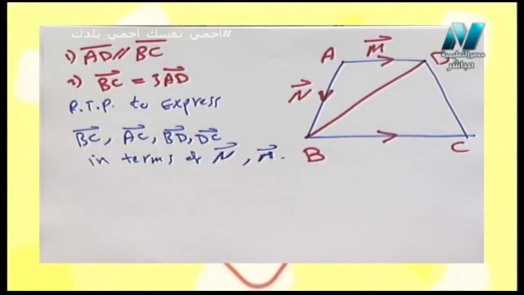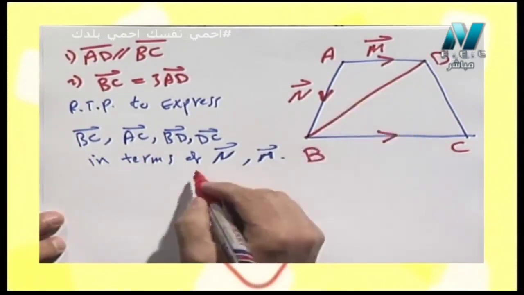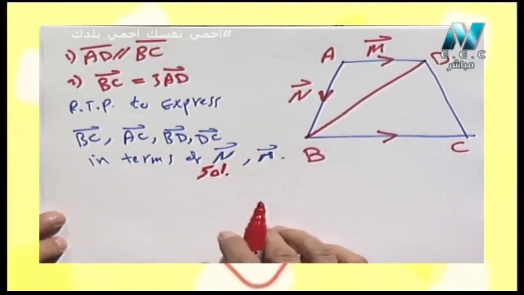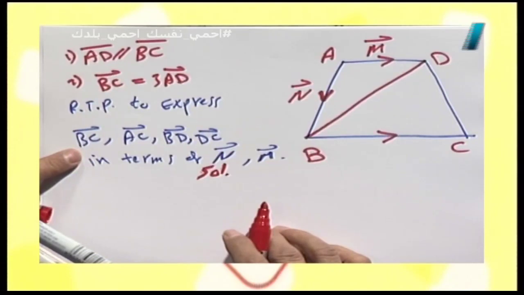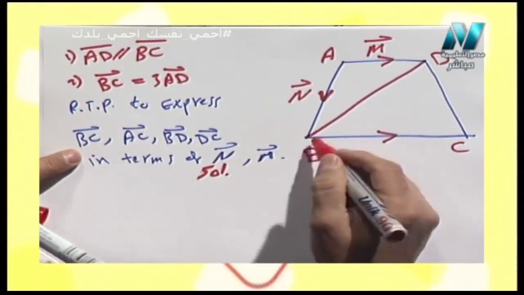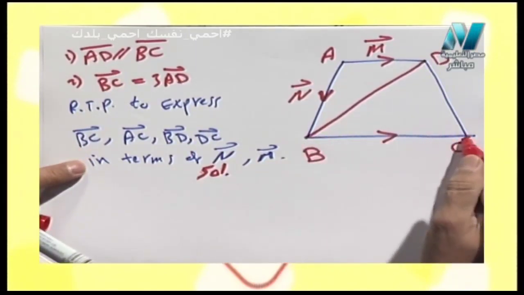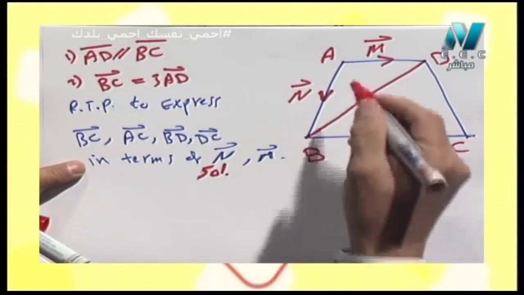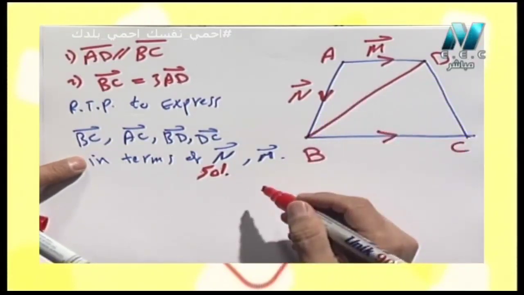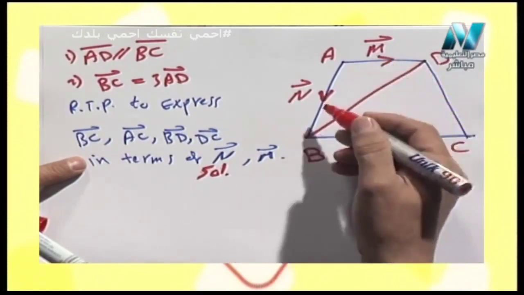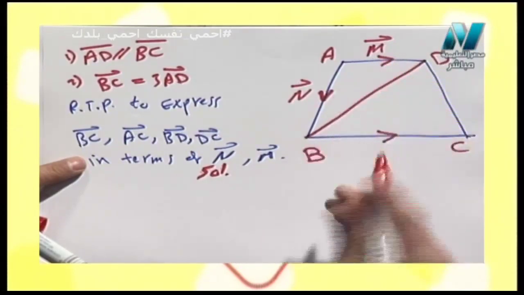The solution will be, let's concentrate on the triangle. Let's first talk about BC. Where is BC? BC here is this vector and has the same direction as AD, and we would like to express it in terms of M and N, or M only, N only.